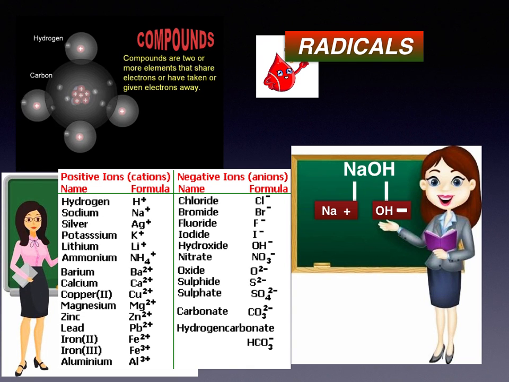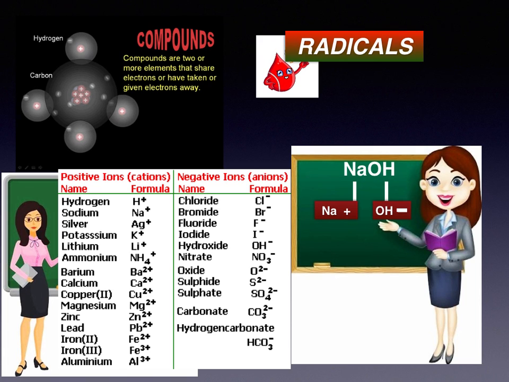They take part independently in chemical reactions and are therefore called radicals. As you can see, in sodium hydroxide, sodium is a positively charged ion, that is, a cation, whereas hydroxide is a negatively charged ion, that is, an anion. Therefore they are called radicals because they take part independently in chemical reactions.